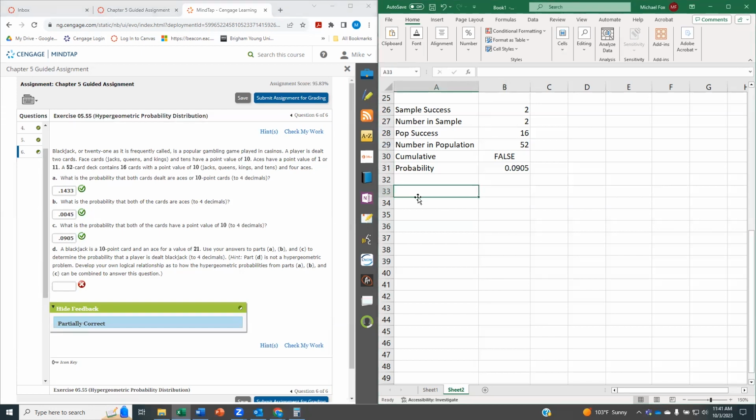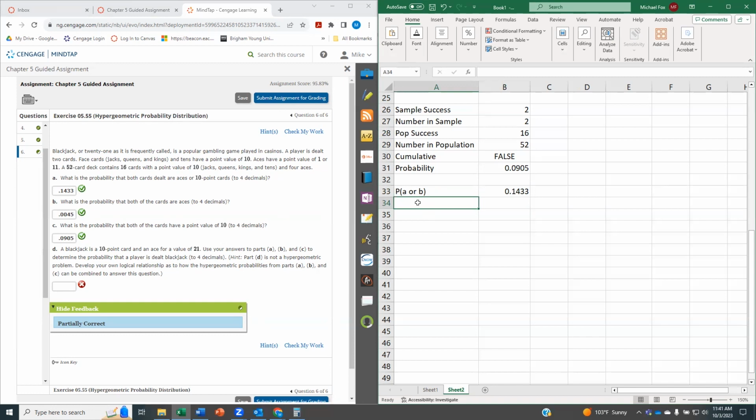So the probability that it is, let's just define, the probability of A and B, where A is drawing a 10-point card and B is drawing an ace. Okay, so we found here that the probability, oh, not A and B, sorry, A or B. The probability that it's A or B is 0.1433.